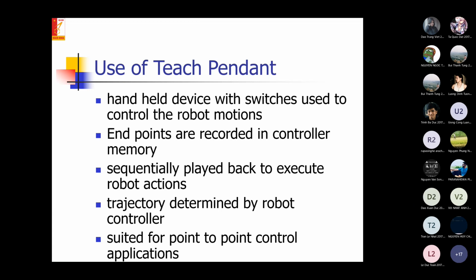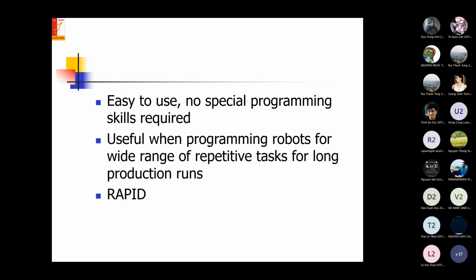So the use of the pendant can be useful for the case of programming robots for various and repetitive tasks. And with point-to-point control, the speed is high, so it can be used for high-speed control.